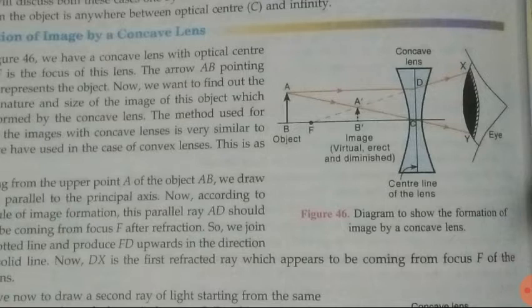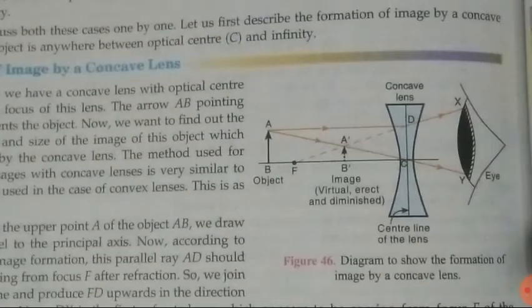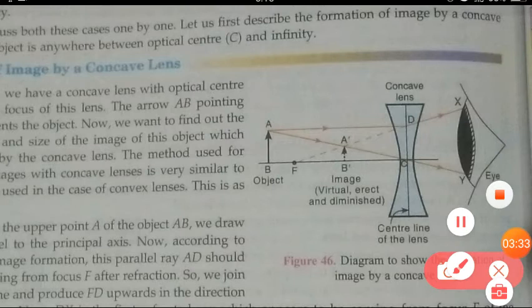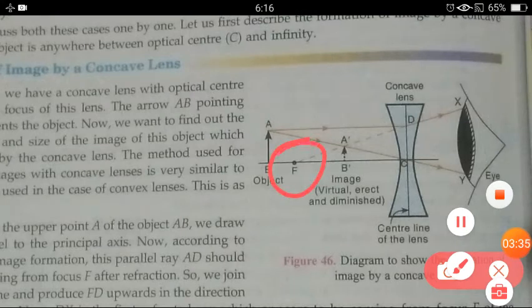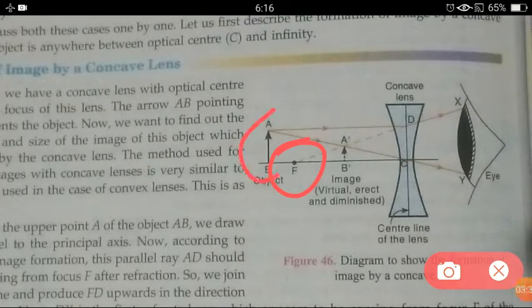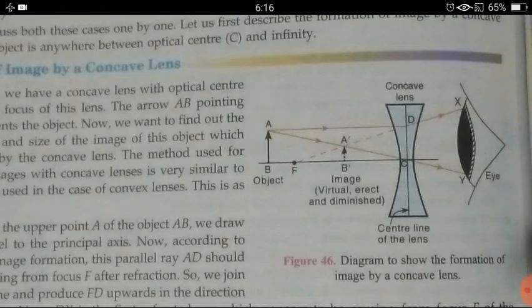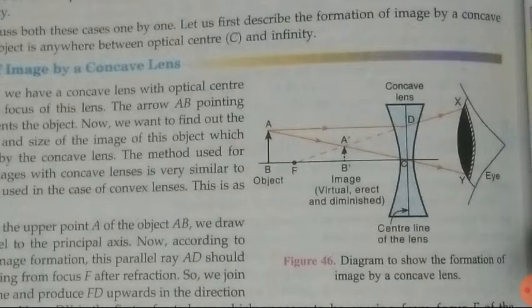So in the case of a concave lens, we have only two cases. In the first case, the object is beyond f. So in this diagram you can see our focus is here, f, and beyond f we have our object. In this case, one ray AD from the top point A of the object is going parallel to the principal axis.